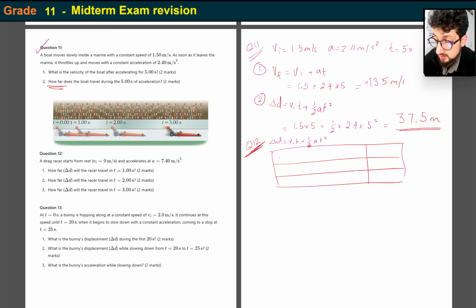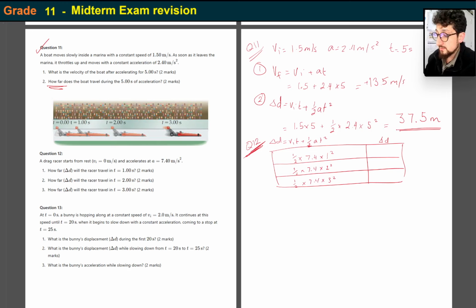So for the first one, here's delta D. It's going to be 0 times 1, so we can ignore that altogether. So it's going to be half times 7.4 times 1 squared. Next one's going to be half times 7.4 times 2 squared. Third one's going to be half times 7.4 times 3 squared.